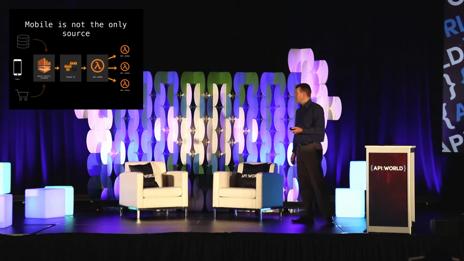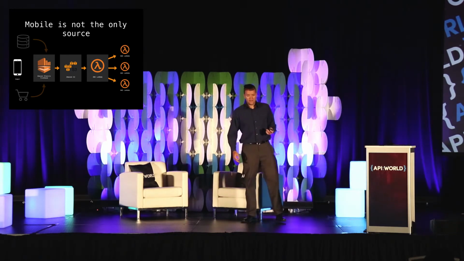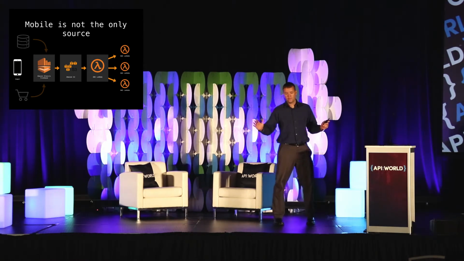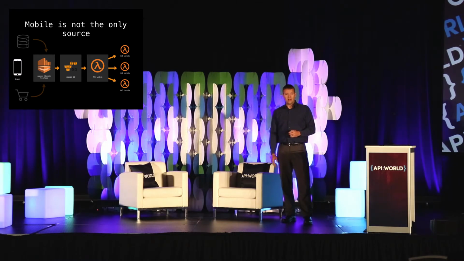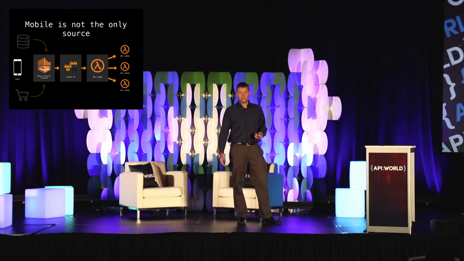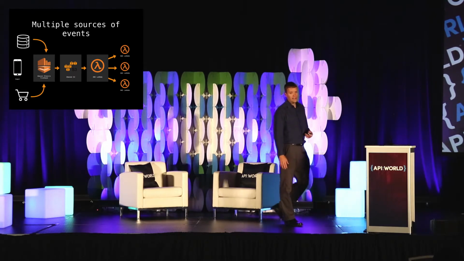And so, we've talked a little bit about mobile being the source of user events here. I want to emphasize that this is kind of a general purpose pipeline on both ends of it. So we've already seen that with Lambdas, you can instantiate a variety of actions, but up front, there can be many sources of this data. So you can either send this through Kinesis Firehose or directly to S3.